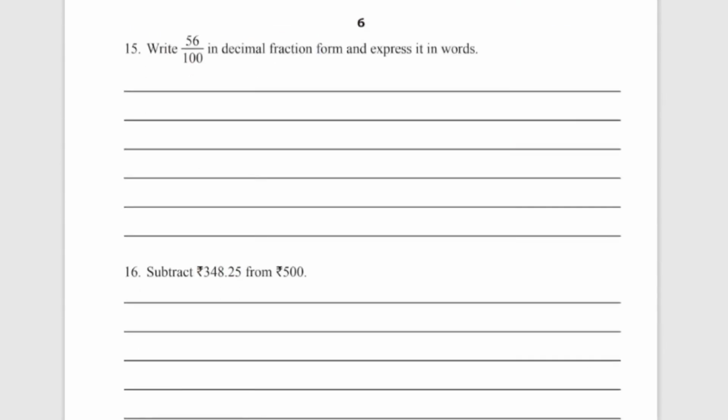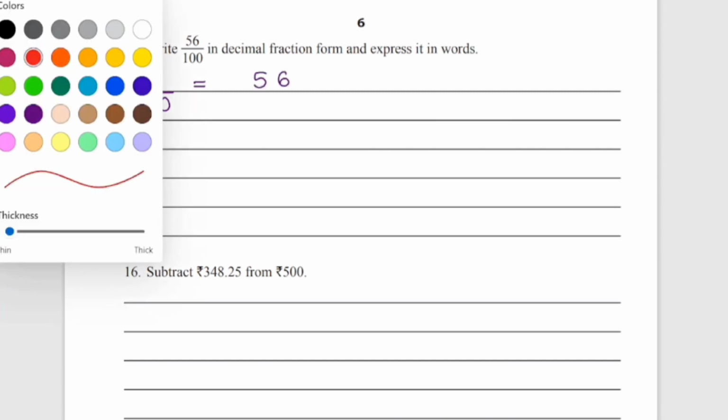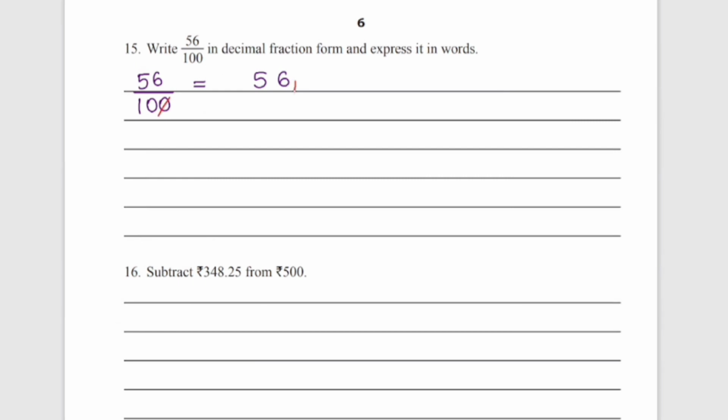Let's move to the 15th question. Write 56 by 100 in decimal form and express it in words. So 56 by 100 is equal to, first write 56 and then the decimal point, which is after 6, comes before 6 and before 5 by cancelling the two zeros.